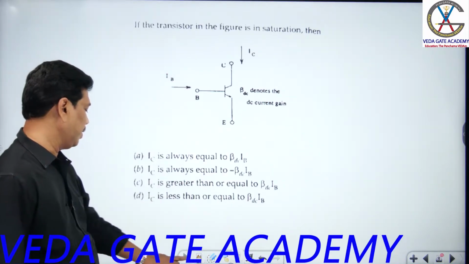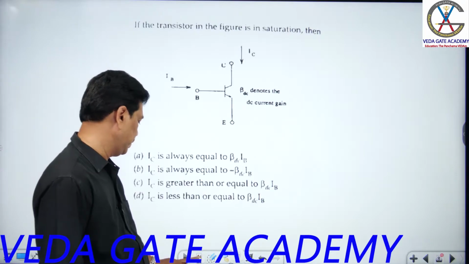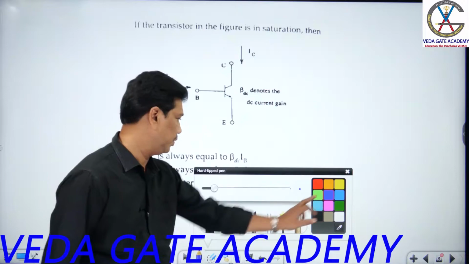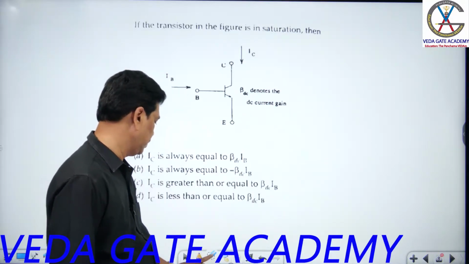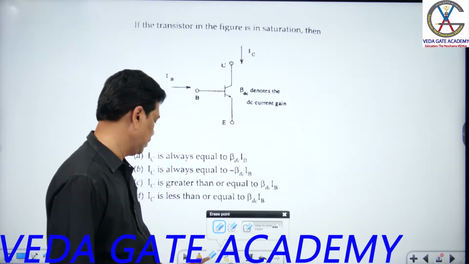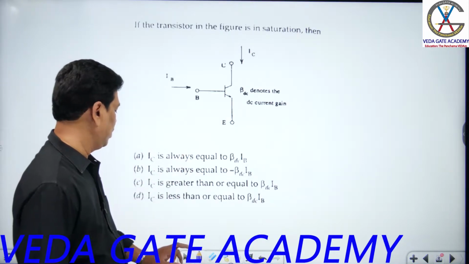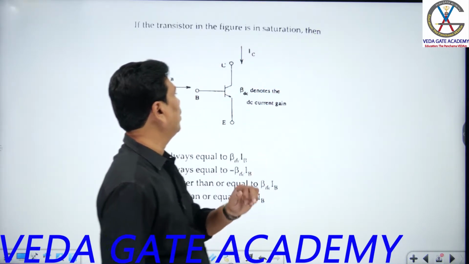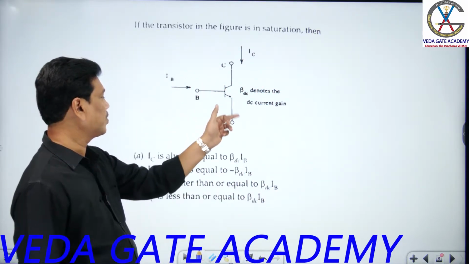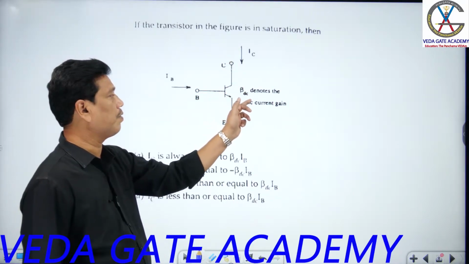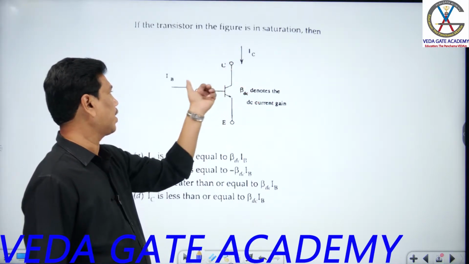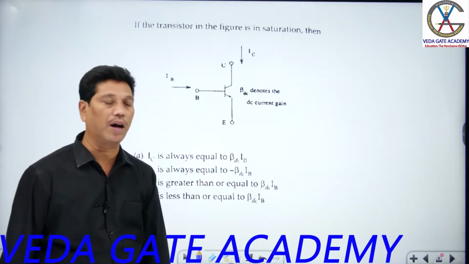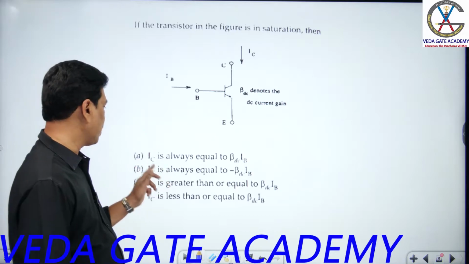If the transistor in the figure is in saturation, then what are the things he is asking? This is the transistor given, where this is the collector current, base current and emitter current. Beta DC denotes the DC current gain. What are the options given, students?